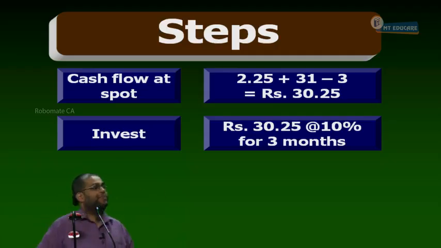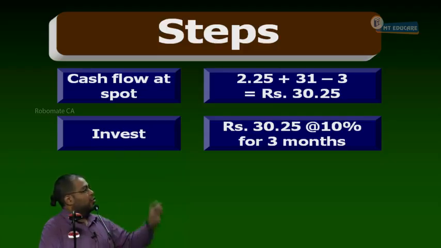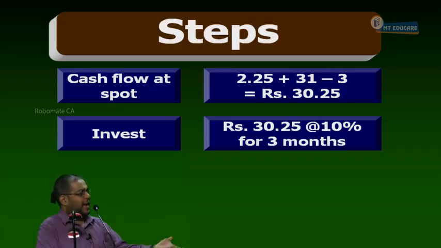Now, see here. Today, what I have done is I have deposited 30.25 at 10% for 3 months. Apart from that, in my hand I am holding a call option.